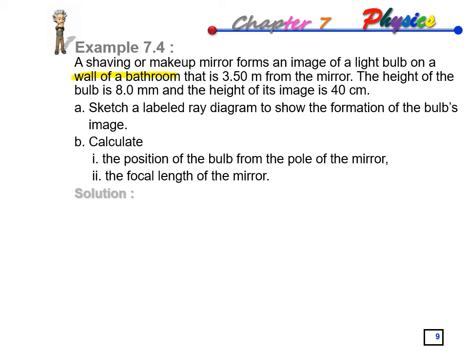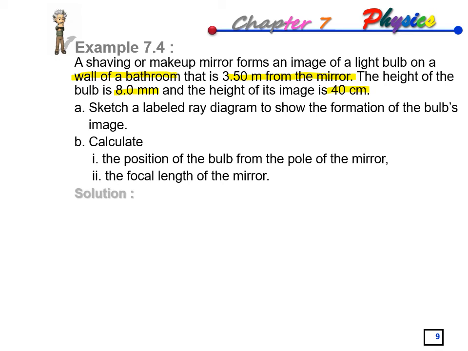It is 3.5 meter from the mirror, so 3.5 meter will be the image distance. The height of the bulb is given as 8 mm, and the height of the image is 40 centimeter.